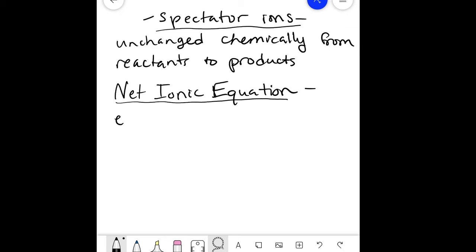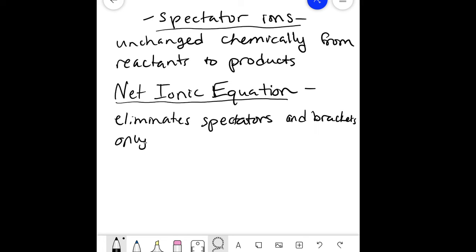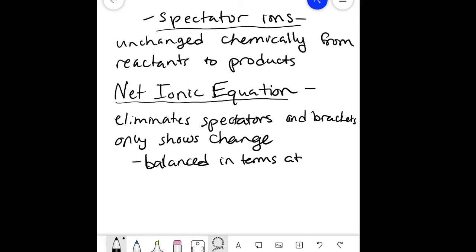So this eliminates spectators and the brackets and only shows the change, what's really happening, what changed in this reaction. And when you get this, it needs to be balanced for both atoms and charges. So you just need to make sure the charges of your ions match up on both sides.